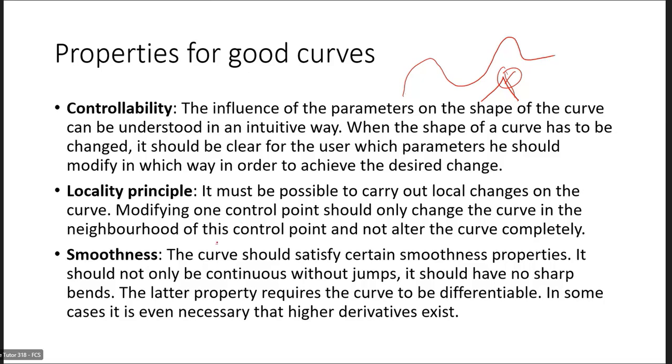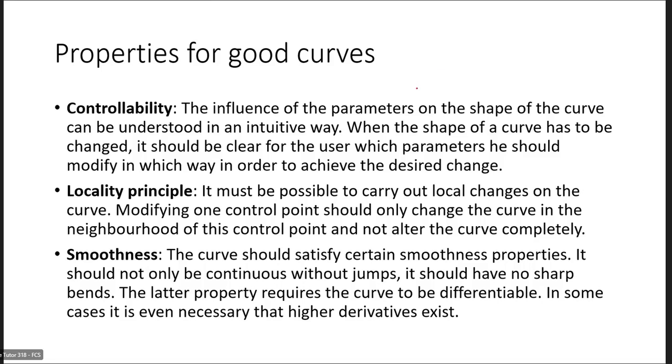So here the curve should satisfy certain smoothness properties. It should not only be continuous without jump. First of all, the curve should be continuous without jump. It should also have no sharp bends. You have to avoid using sharp bends. You have to make one curve. It's just one curve.